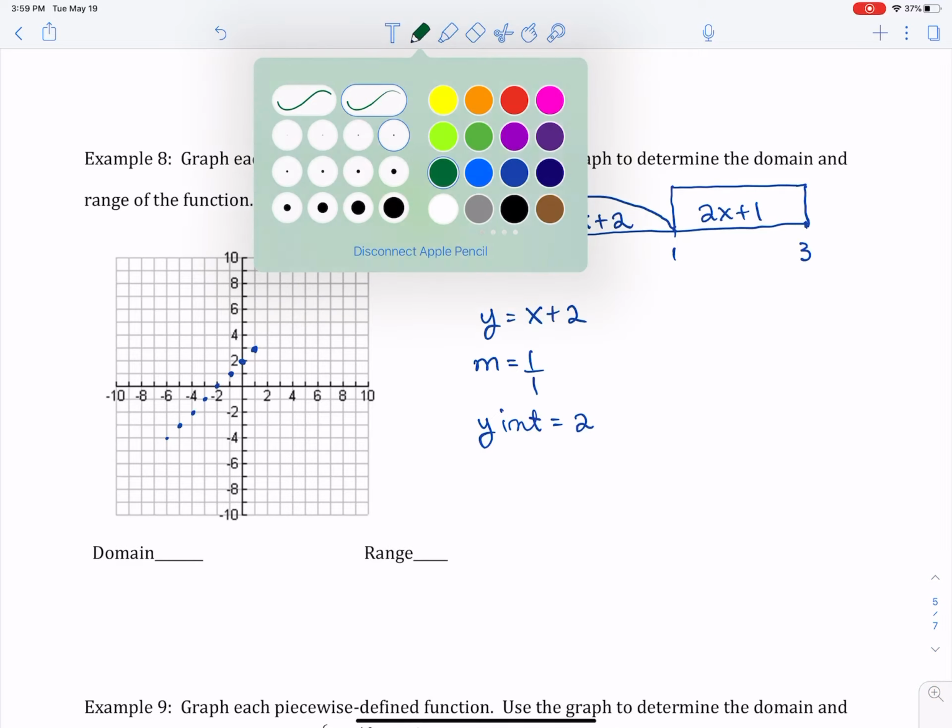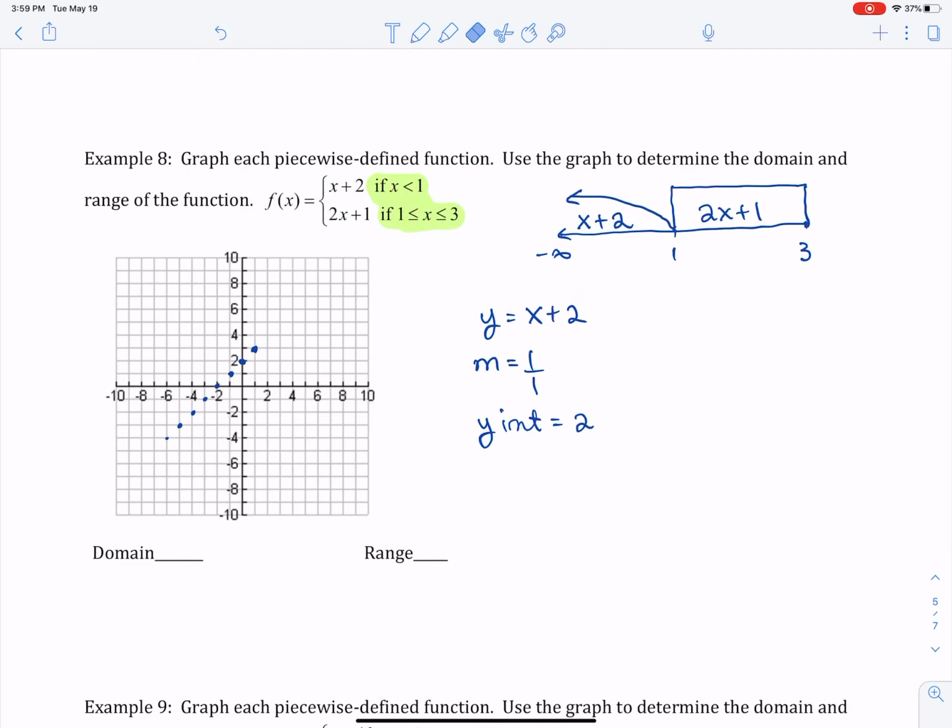So this picture would, and I'm going to make a circle here at 1 because this 1 is not included. So here you go.